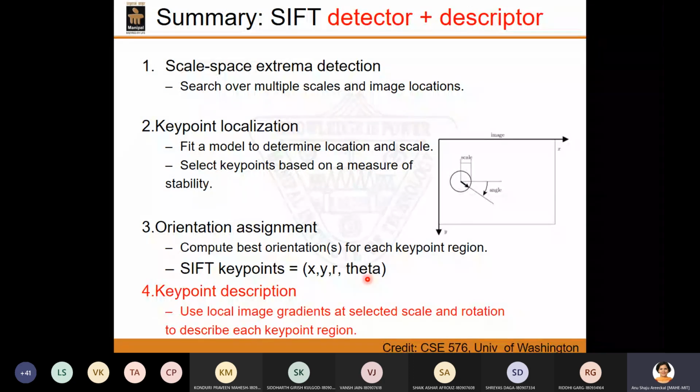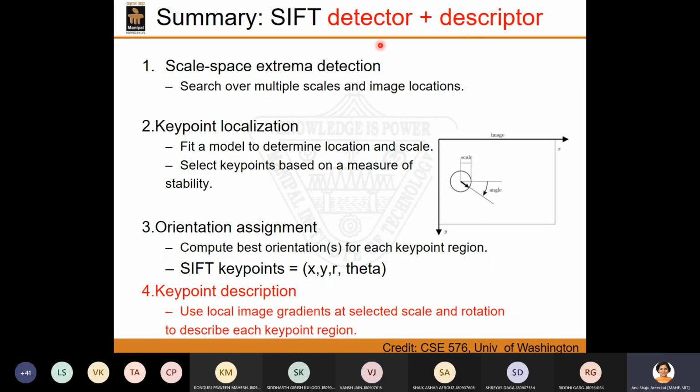So the SIFT key points are represented by x, y, sigma, which is the scale, as well as theta, which is the gradient orientation. And once SIFT key points are detected, the next stage is the descriptor.